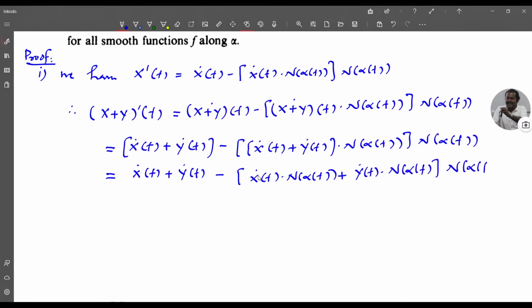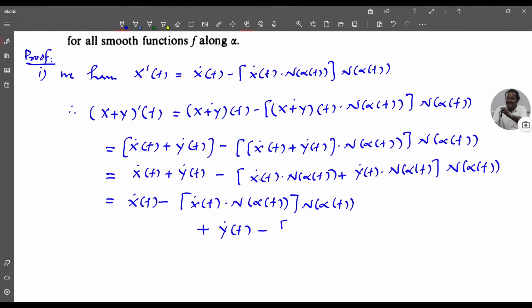So this is equal to x dot of t minus (x dot of t dot n of alpha of t) times n of alpha of t plus y dot of t minus (y dot of t dot n of alpha of t) times n of alpha of t.